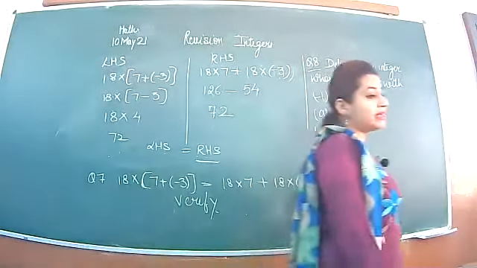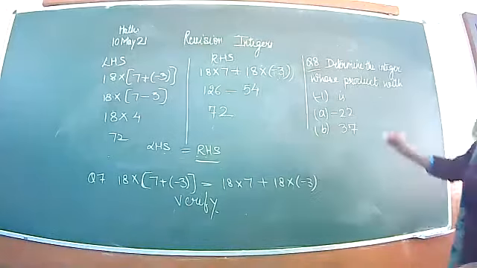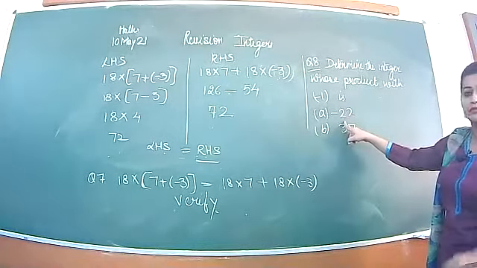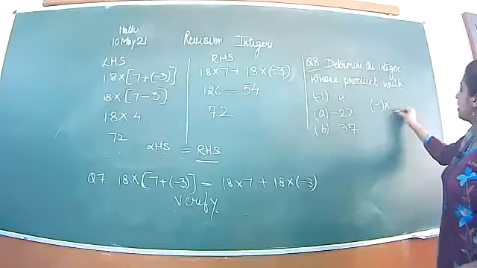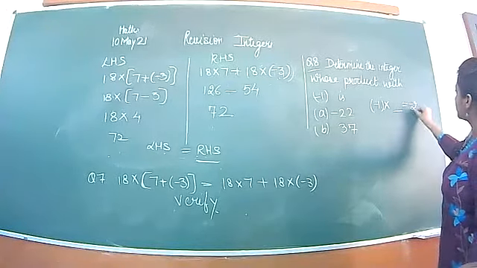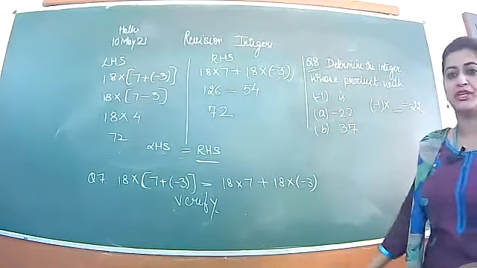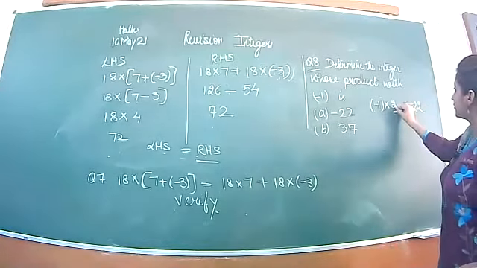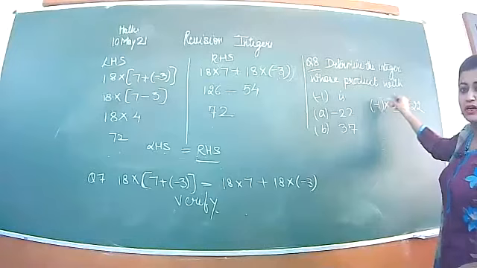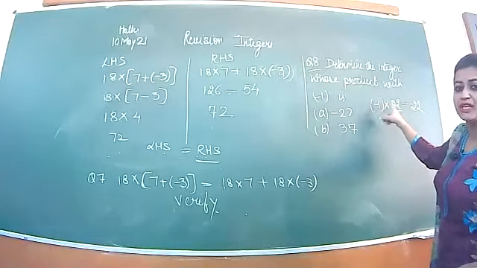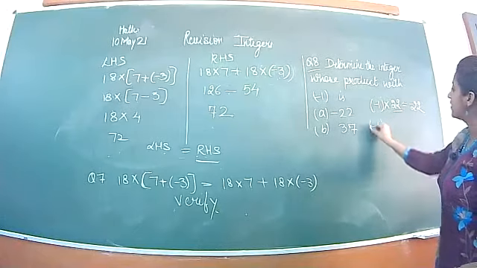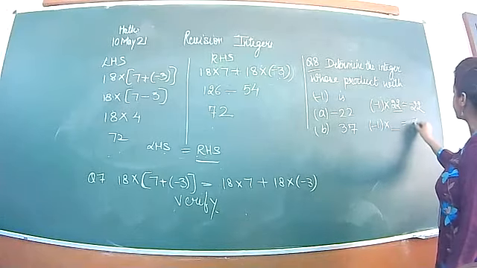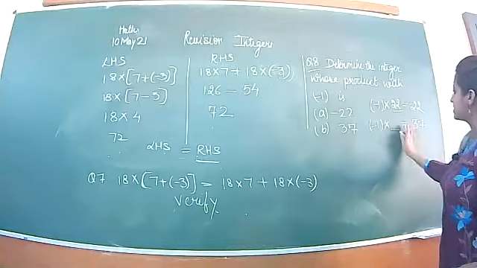Now, determine the integer whose product with minus 1 is minus 22. By which integer should minus 1 be multiplied to get the answer minus 22? So it will be 22. 22 into 1 is 22, plus minus minus. Minus 1 will be multiplied by which integer to have 37 as the answer?